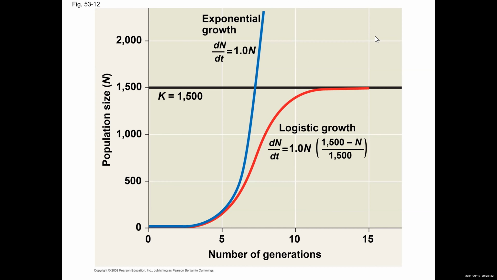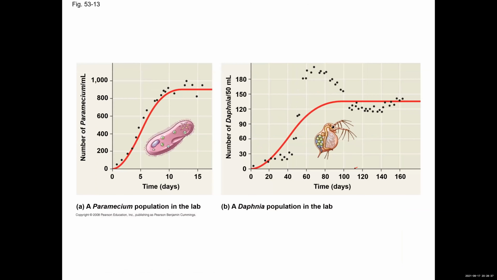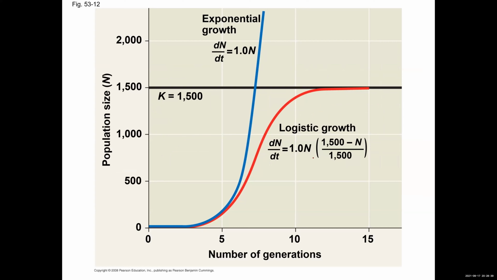So if we look at the shape of our graph here, that little r is actually changing as the population size changes, and it's changing by this factor, right? So this factor is being shown on this equation, and it's being multiplied by n, but a better way to think of it is that it's being multiplied by little r.